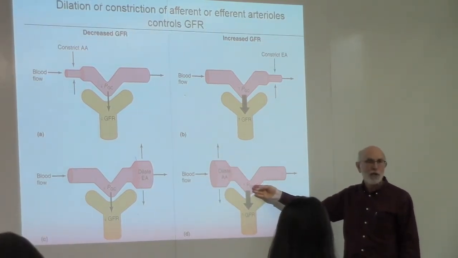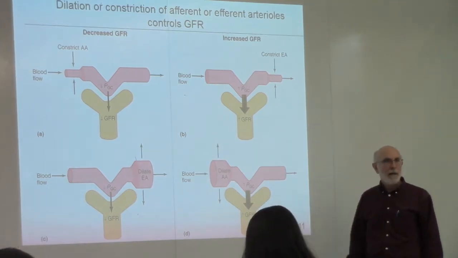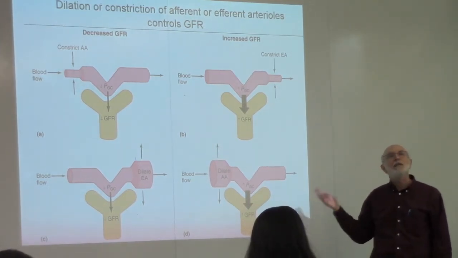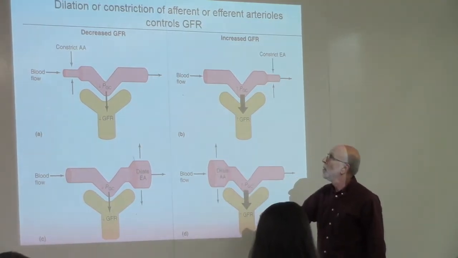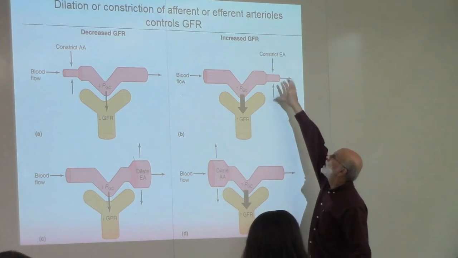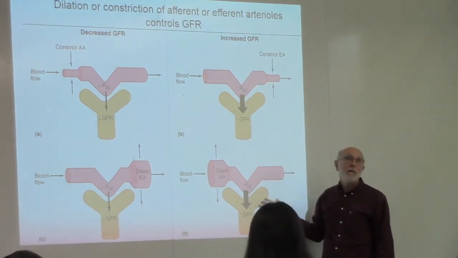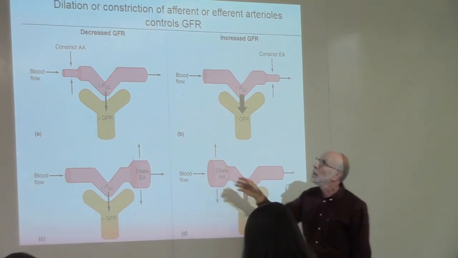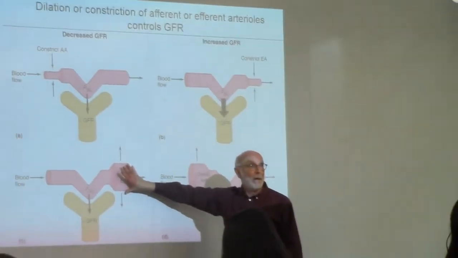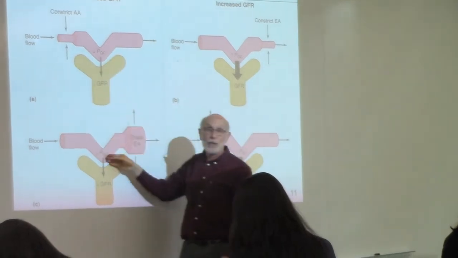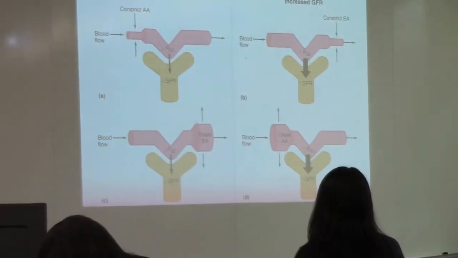More blood, more pressure, higher filtration rate. Okay? So this should be intuitive. Dilate the afferent, constrict the efferent, both increase filtration pressure, increase filtration rate. Constrict the afferent and or dilate the efferent decreases filtration pressure, decreases filtration rate. It's as simple as that.